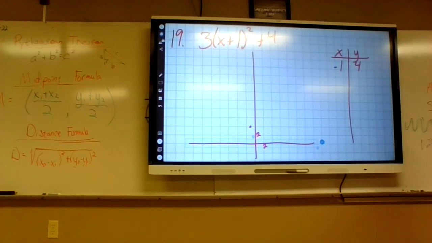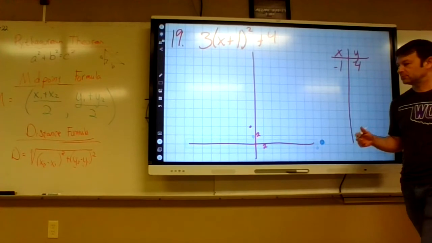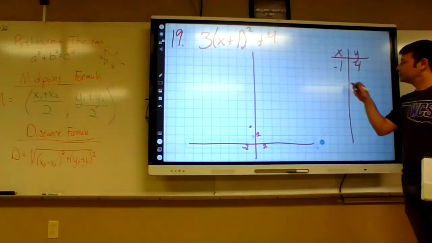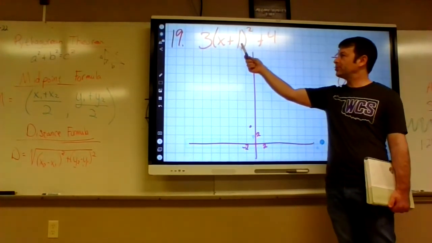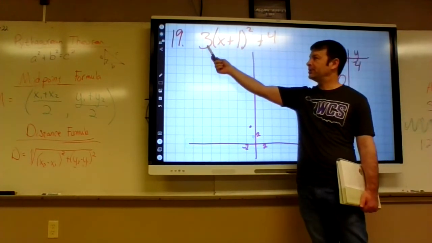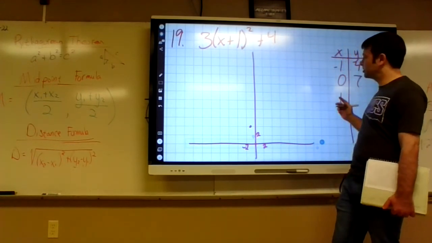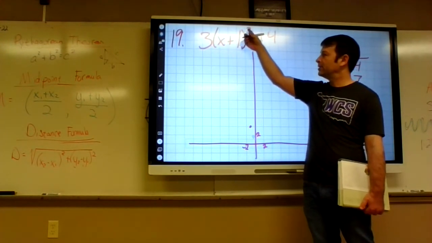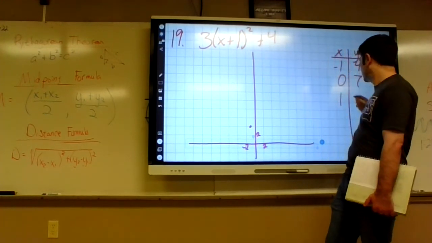What would be another good x value to plug in? 0 and 1. Let's put -2 right there. If I plug in 0, 0 plus 1 is 1, squared is 1, times 3 is 3, plus 4 is 7. Plug in 1. 1 plus 1 is 2, 2 squared is 4, times 3 is 12, plus 4 is 16.